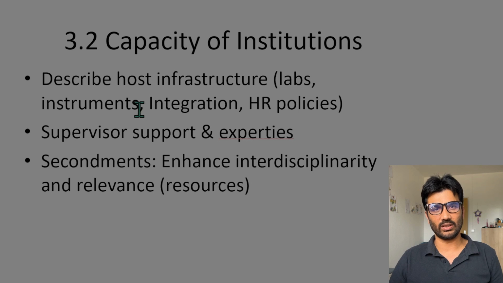You should mention the names here, which you will use for your project. How you will integrate is also very important: how you will integrate in that institution, in that research group. And also their human resource policies or administrative support, or any other activities or resources, other than research, that are available to support you.